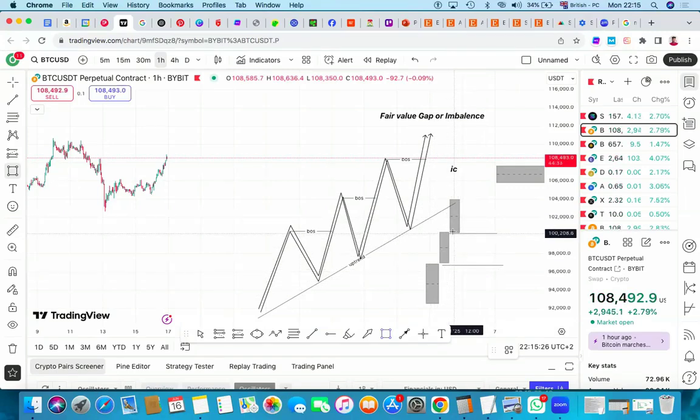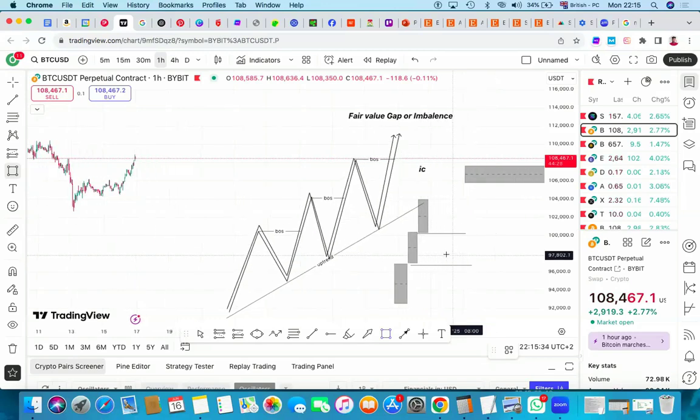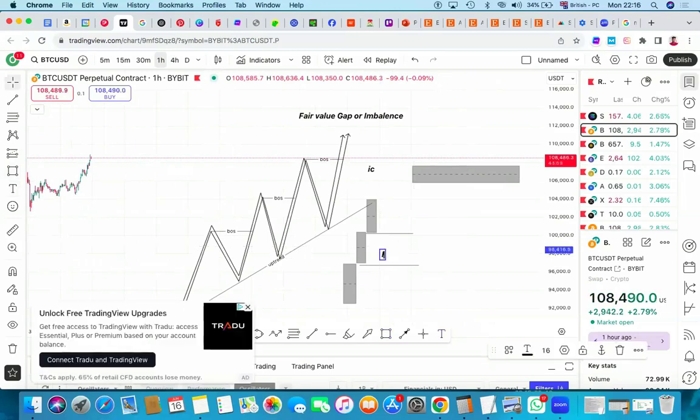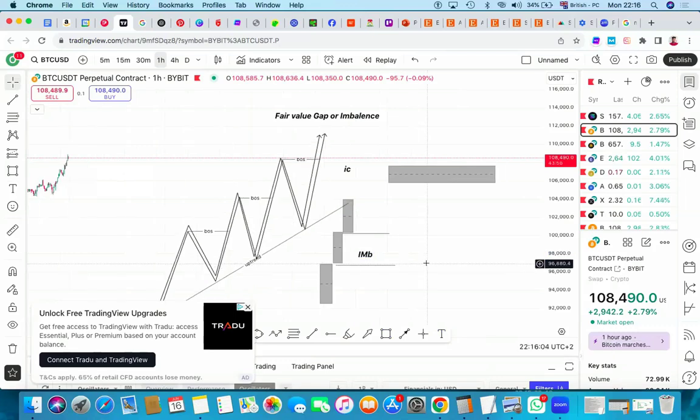And the wick, or you will say the bottom of it, is what you refer to as the gap, right? Or the imbalance. In this case, it is an imbalance because the space within it is wider. So when the space within it is wide, you call it imbalance. When the space within it is tiny, you call it a gap. So this scenario, this is imbalance, IMB. This is the first scenario.